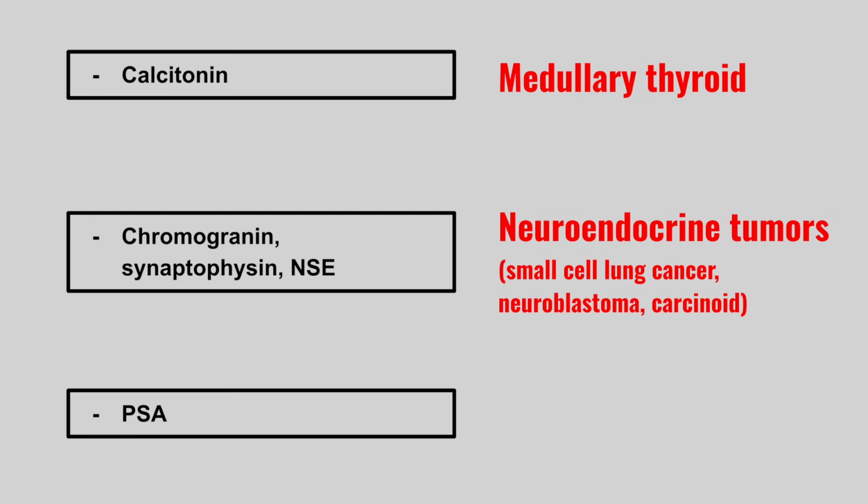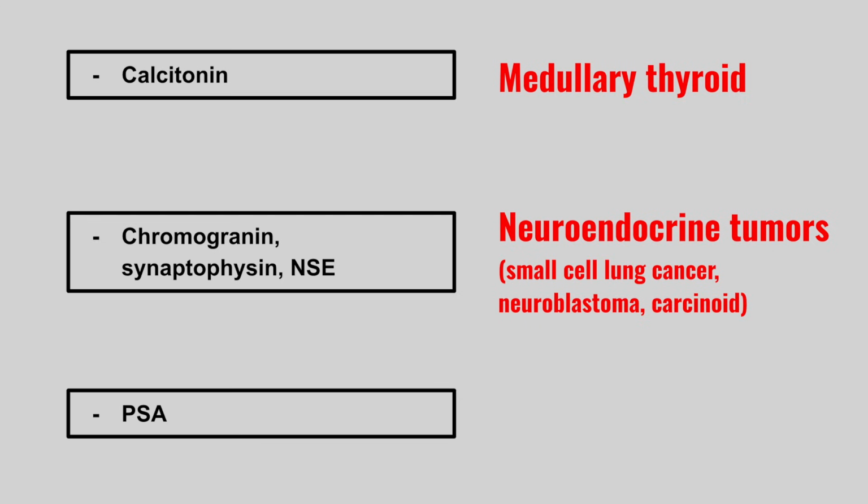Now we have calcitonin. This is medullary thyroid cancer. Now we have chromogranin, synaptophysin, and NSE. This is neuroendocrine tumors like small cell lung cancer, neuroblastoma, and carcinoid tumor.